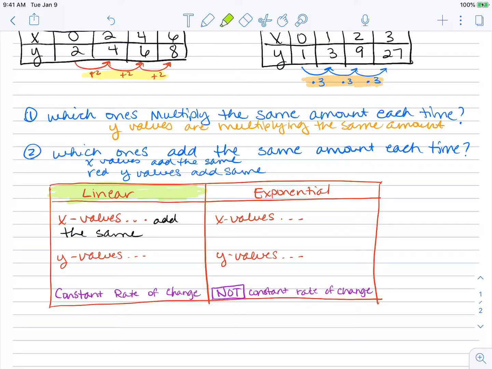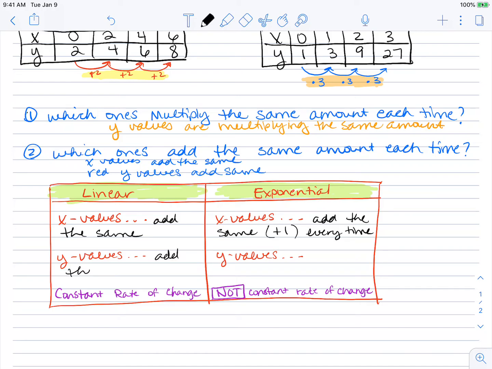And I also noticed that for my exponential ones, which were on the other side, that my x values, well, they add the same too. And specifically by 1, right? Every time. And I'm going to look at my linear stuff, and my y values, well, they also added the same on this side.